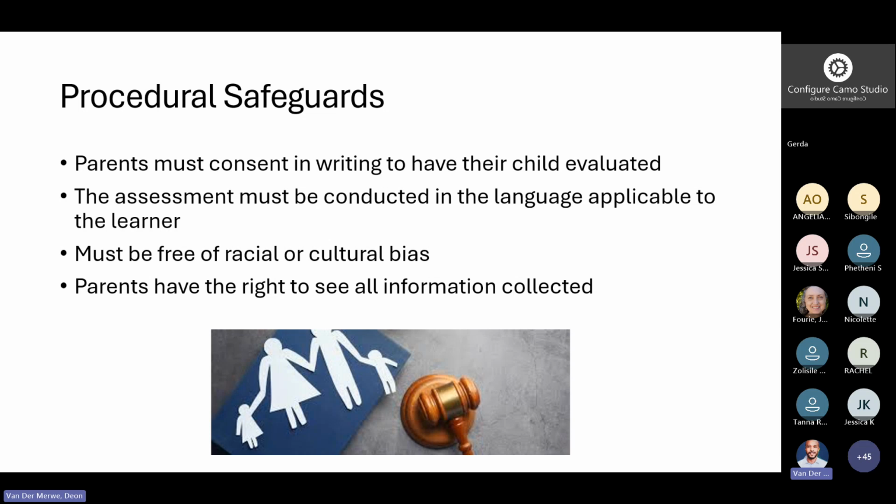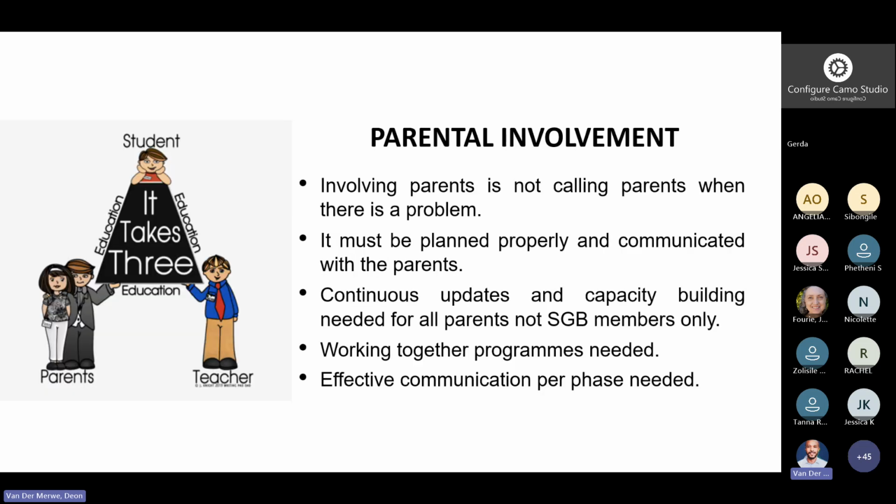And then lastly, parents have the right to see all the information that's collected about their child during the assessment process. And so we need to keep these procedural safeguards in the front of our consciousness at all times throughout the year as we work with the case child that we have chosen to work with.